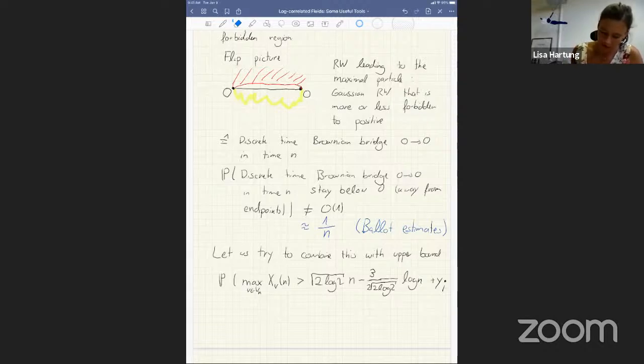I will look at this event intersected with the event that there is no particle, or no path, in the forbidden region.